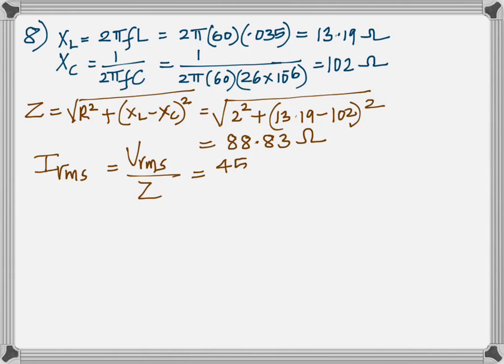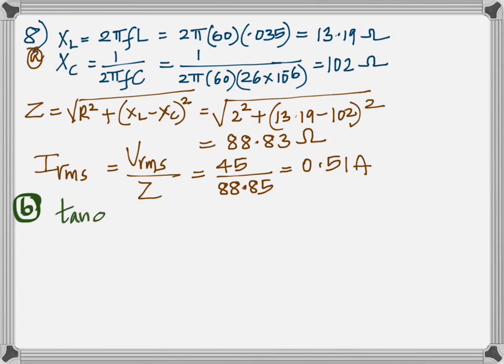Again, to find the IRMS, it's Vrms by Z. That gives 0.51 ampere. B part, you've got to find tan phi. It's XL minus XC divided by the resistance.